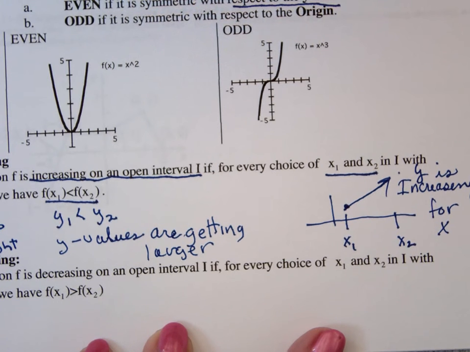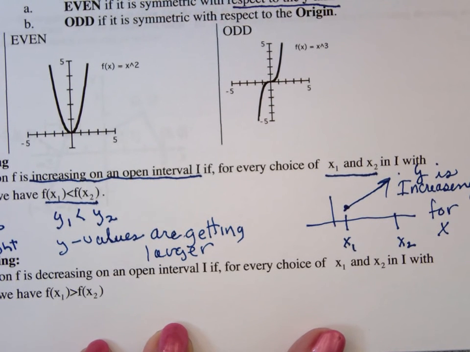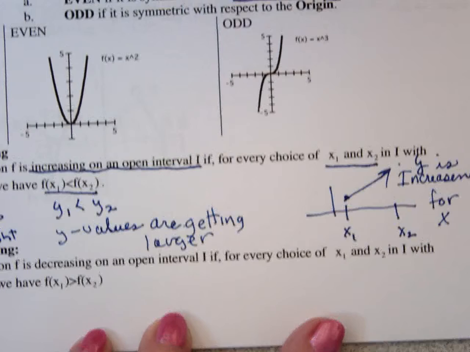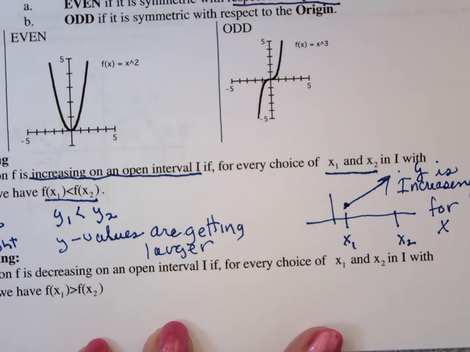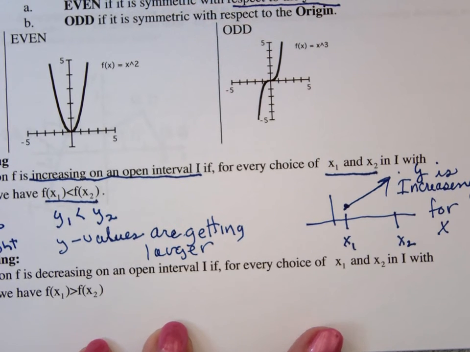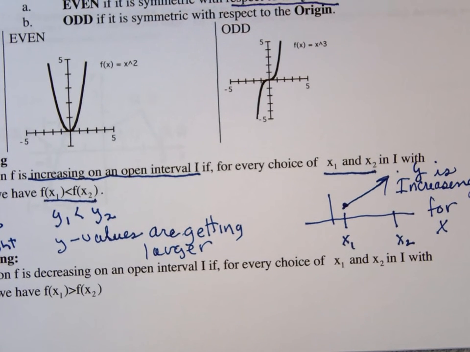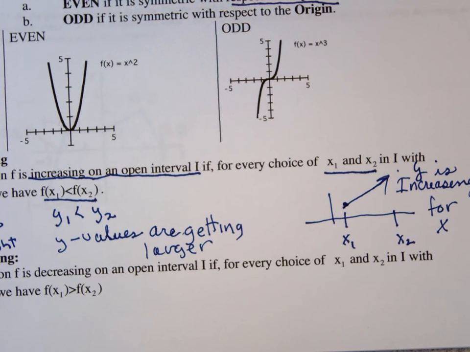There's underlying x values, but these are y values. So y is getting bigger as x gets bigger. X gets bigger, what's happening to y? Oh, it's getting bigger, it's increasing. So as x gets bigger, what happens to y? One of three things will happen to y. Y gets bigger, y stays the same, y gets smaller as x gets bigger.